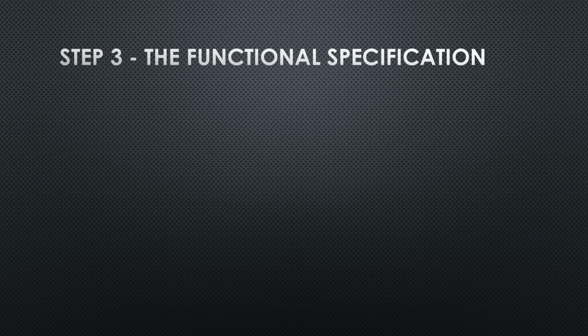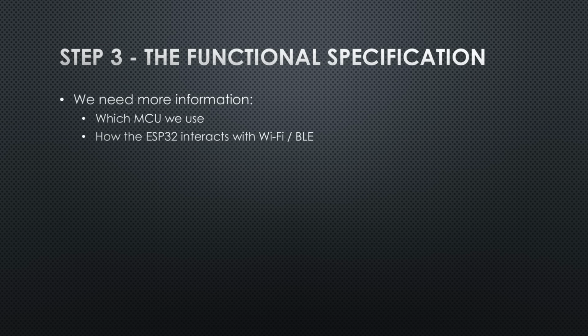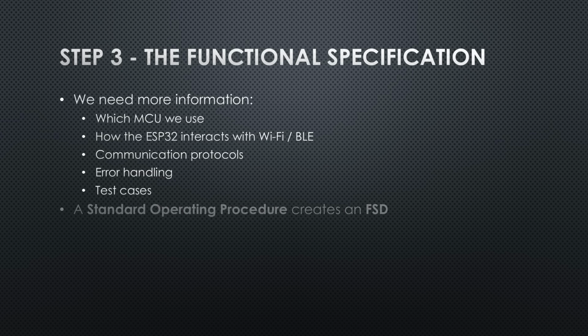Step 3, generate the functional specification. For implementation, we need much more information. For example, which MCU we use, how the ESP32 interacts with Wi-Fi, communication protocols, error handling, and test cases. Because many projects are similar, I created a standard operating procedure that automatically generates a functional specification document, or FSD.